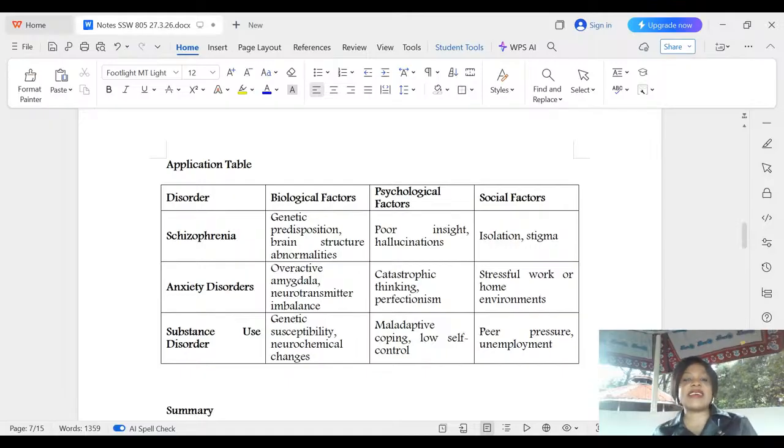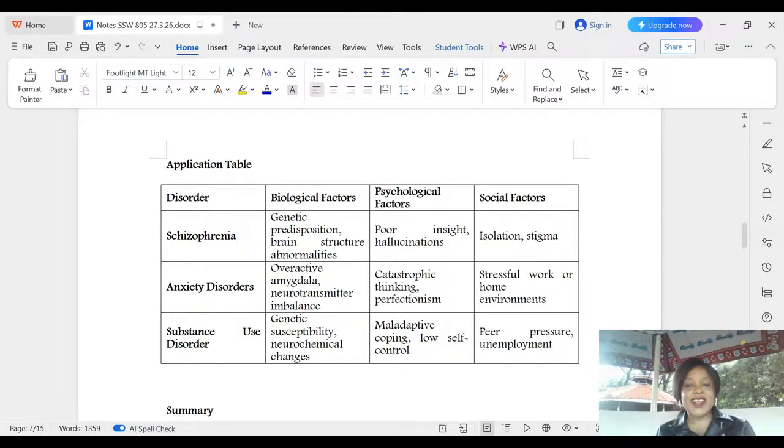And then we look at the psychological factors. For example, the symptoms that they would be presenting, like hallucinations, those are psychological. Poor insight and others. And then we'll also look at the social factors that can exacerbate or trigger the condition.